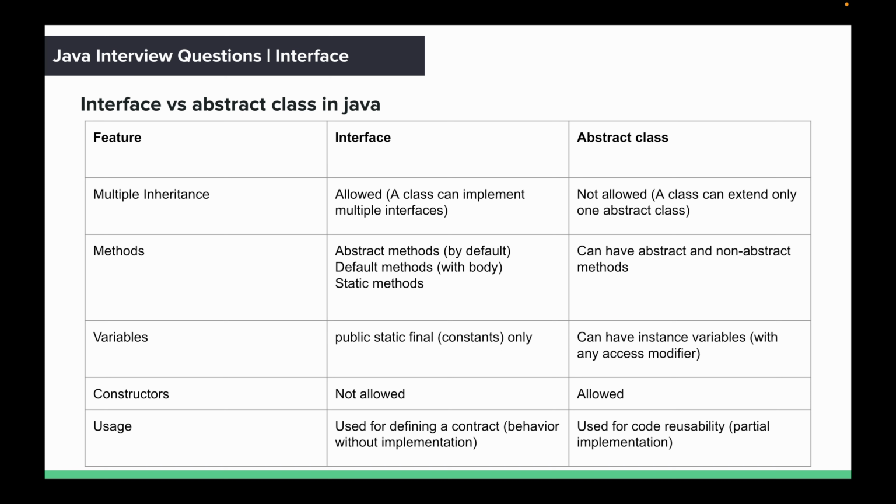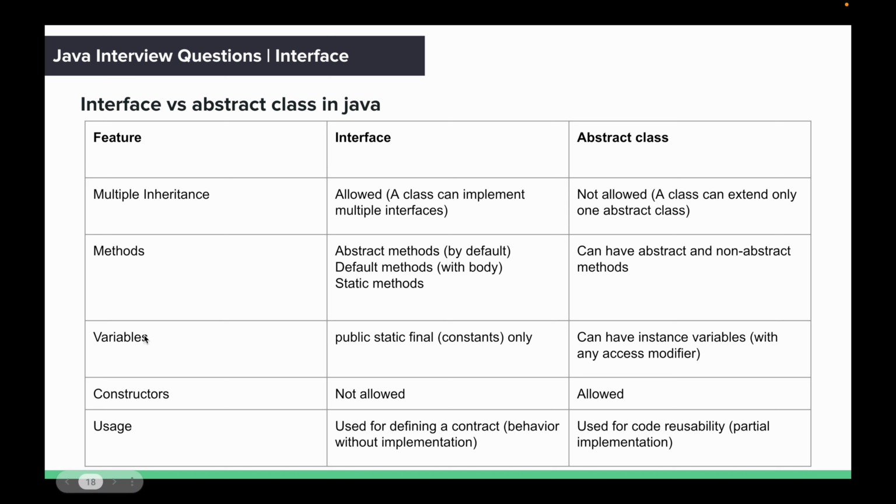And now lastly, we have to understand the basic difference between interface and abstract class. In terms of multiple inheritance, we can achieve multiple inheritance using interfaces, but we cannot achieve it using an abstract class. When we talk about methods, an interface can contain abstract methods, default methods, and static methods. On the other hand, an abstract class can contain abstract methods and non-abstract methods also.